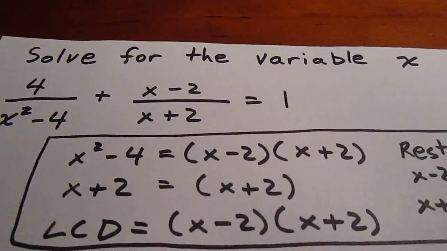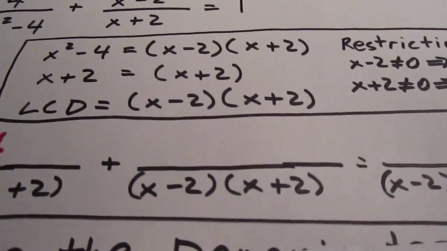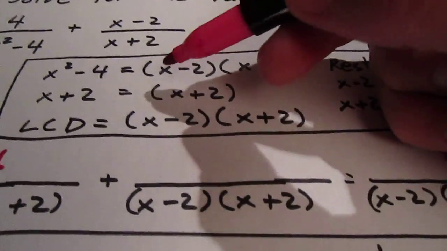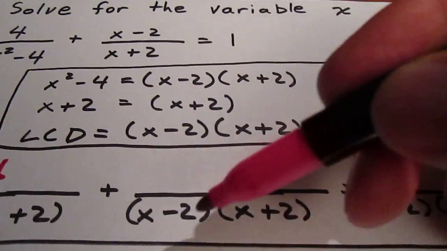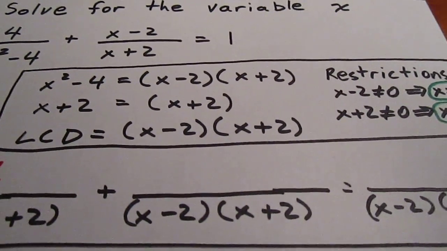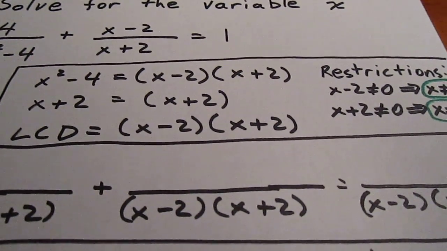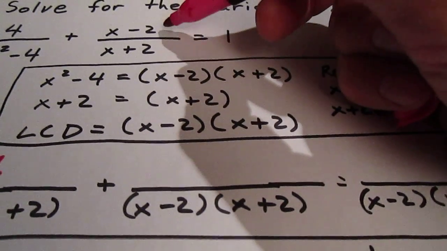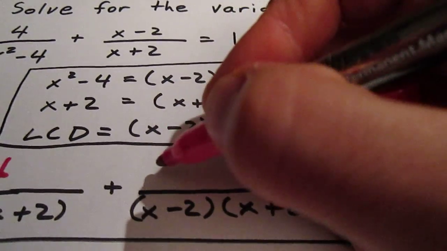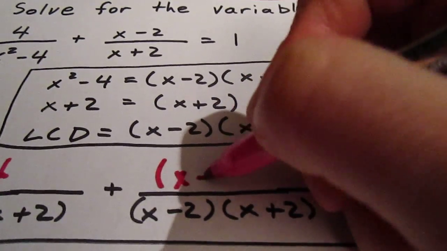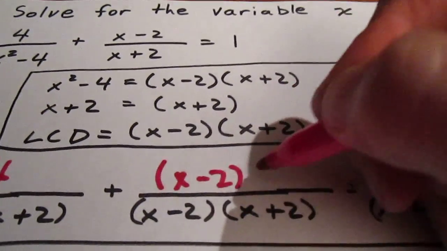Now we look here, x minus 2 over x plus 2. Well, what did we multiply x plus 2 by in the denominator to get this denominator of x minus 2, x plus 2? The answer is we multiplied it by x minus 2. So we're going to multiply this numerator by the same quantity. We'll have x minus 2, x minus 2.